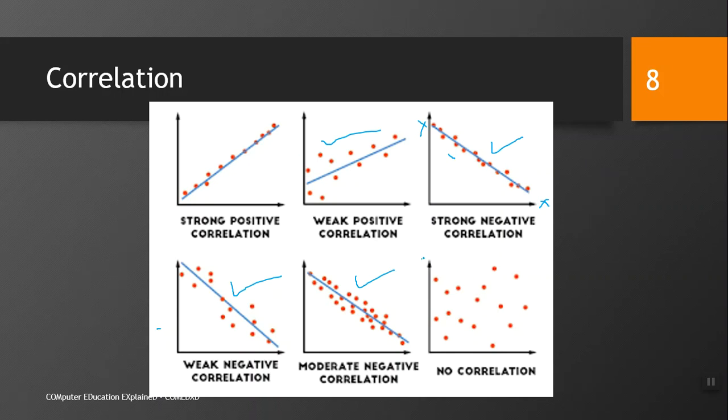And here you can see that there is no correlation at all. Everything is random, uncorrelated, independent. So this figure gives you a clear picture about the positive and negative relationships and their degree of positivity and negativity.